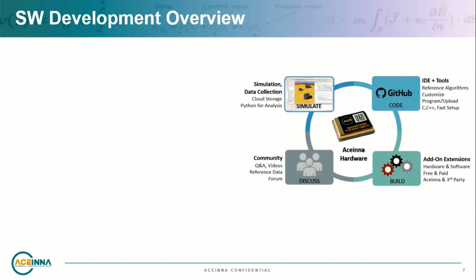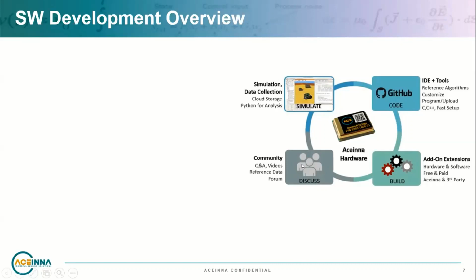And we have the ACEINNA extension. And we have the web GUI tool, which is used to run simulations or look at the data in real time, and record and collect the data and do the analysis.